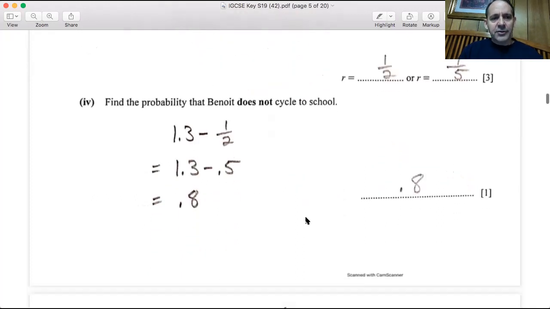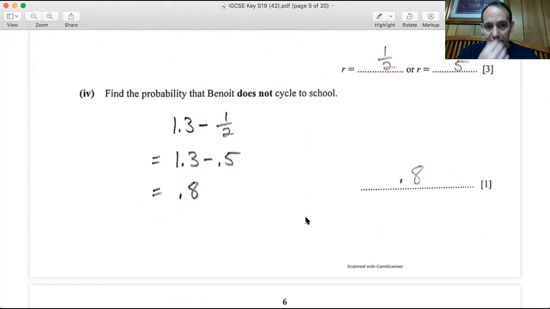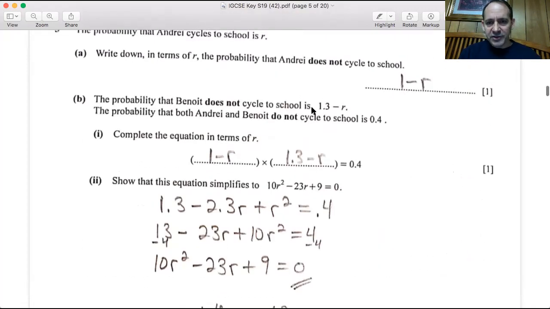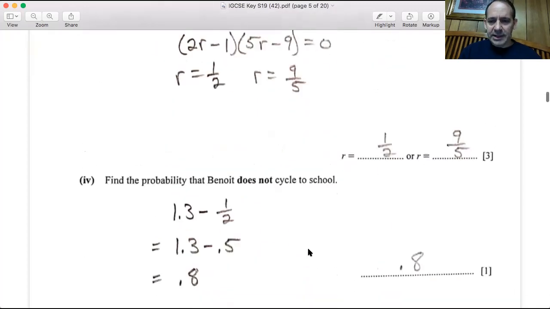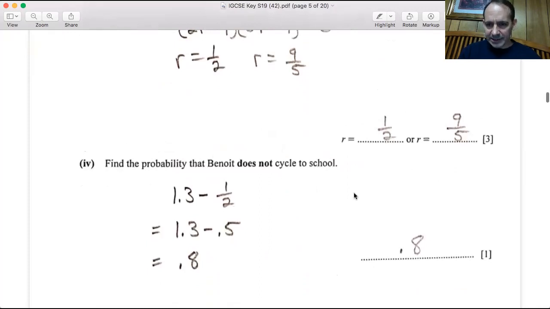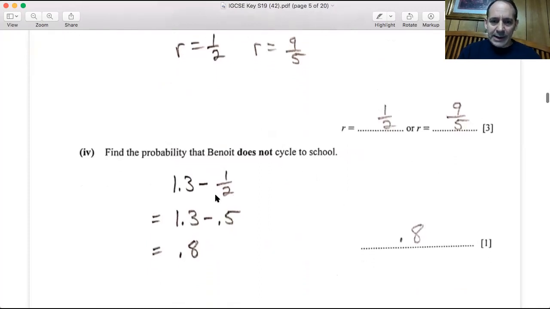Okay. So 4, find the probability that Benoit does not cycle to school. Well, we see that Benoit does not cycle to school is 1.3 minus r. So we need an r. Well, r is right here. Why is it 1/2 and not 9/5? Well, 9/5 is 1.8.